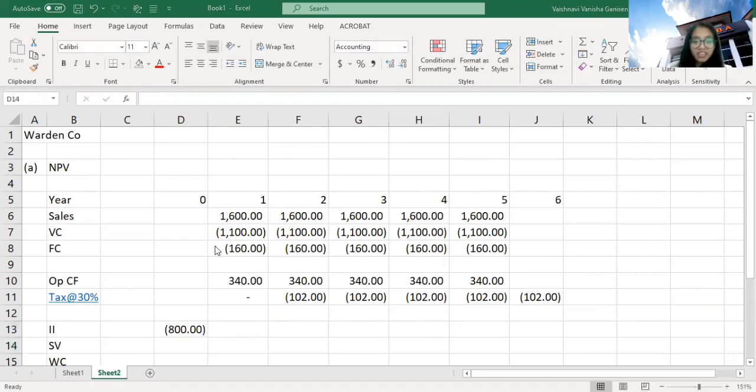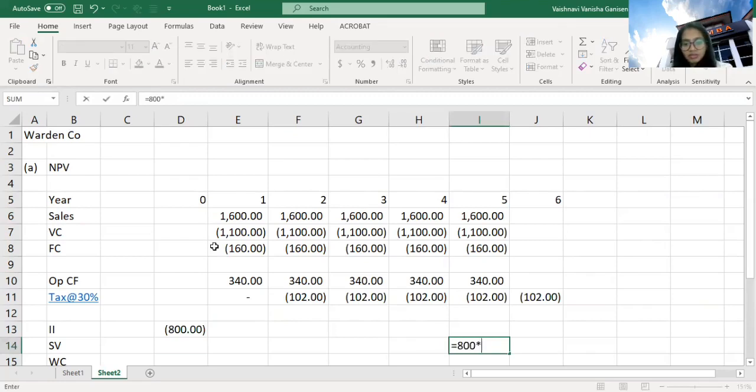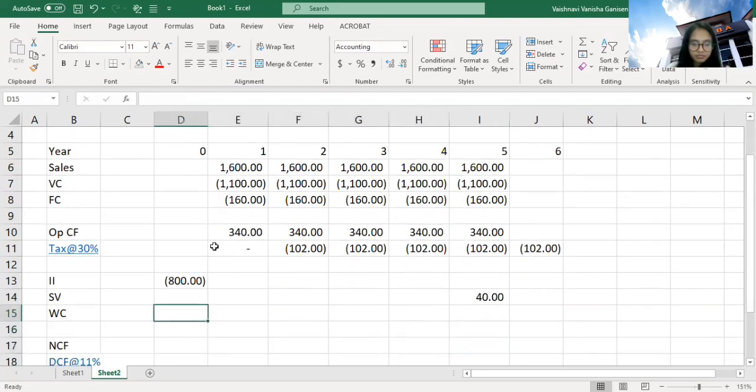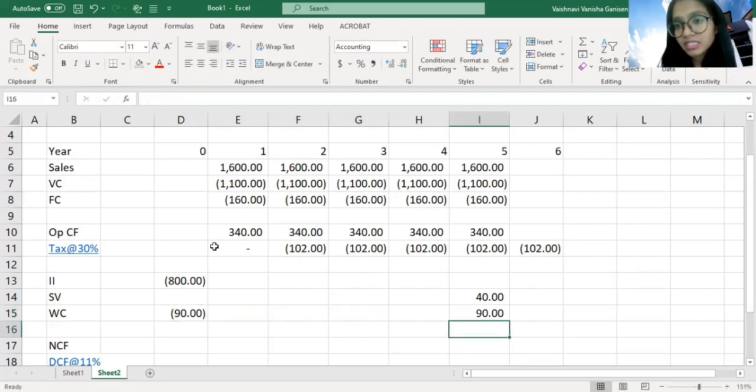Scrap value is 5% of 800,000, so equals to 800 multiplied 0.05. Working capital is negative 90 in year 1 and you recoup 90. Why it's negative 90 in year 1 and then you can just recoup is because you do not have any increase in your working capital. No inflation rate, no increase, nothing. So you just recoup.